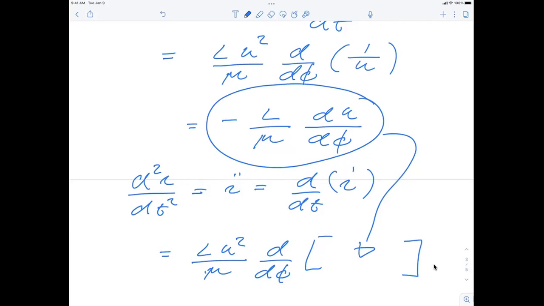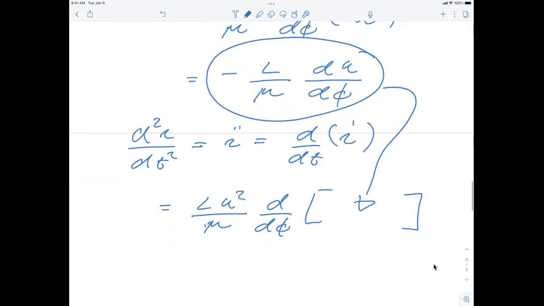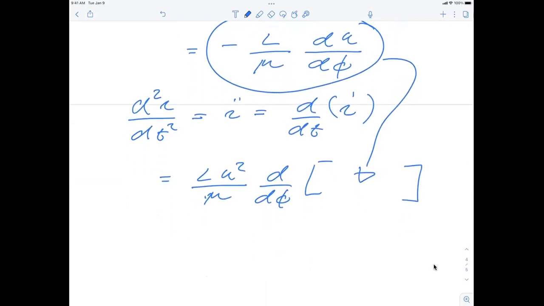So if we now do the manipulations, I'm just going to give you the final answer: you're going to get minus L squared u squared, divided by mu squared, and then I have the second derivative of u with respect to phi.